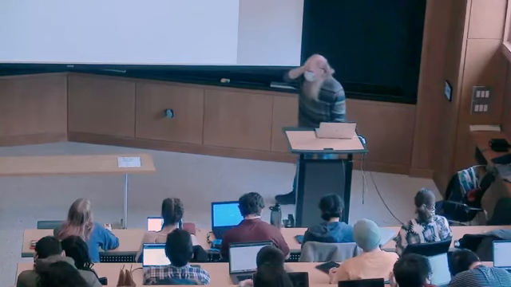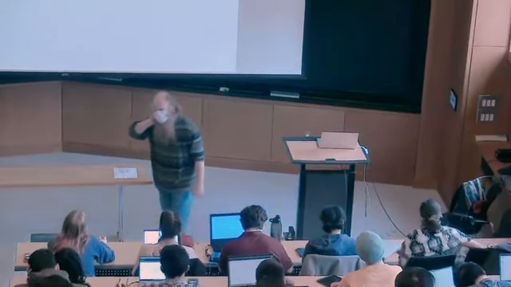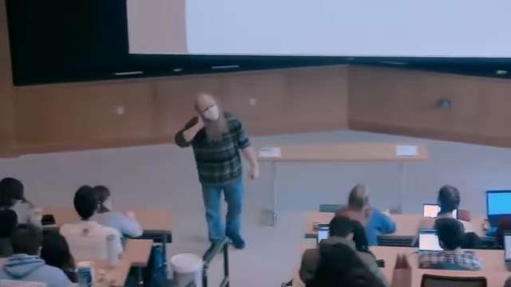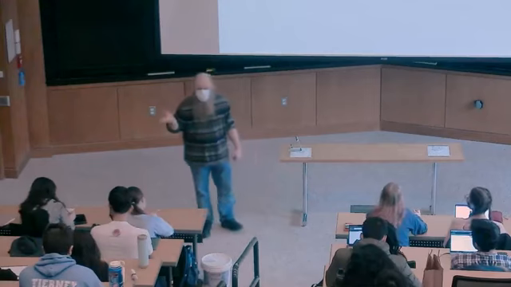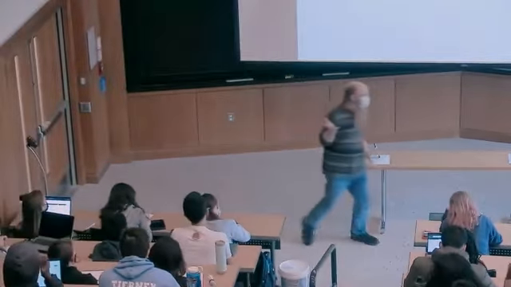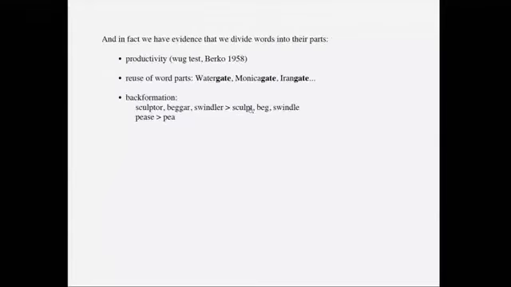So that's a hypothesis that we're going to take seriously, that our mental lexicon contains words like cat, but it also contains parts of words like s, this suffix that you can add to cat to make it plural. And so we're going to try to understand how those kinds of things interact now.